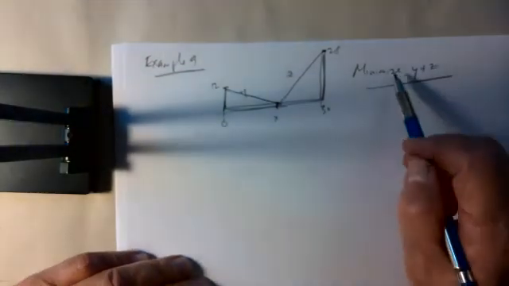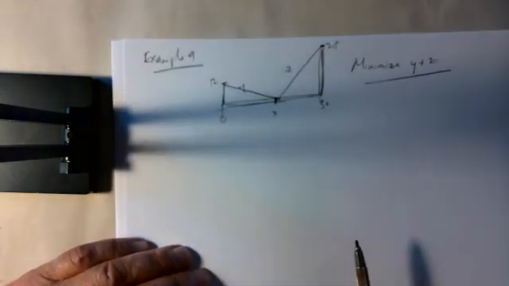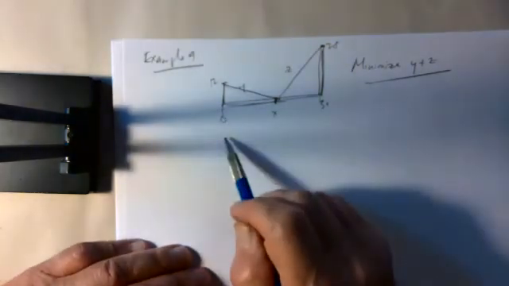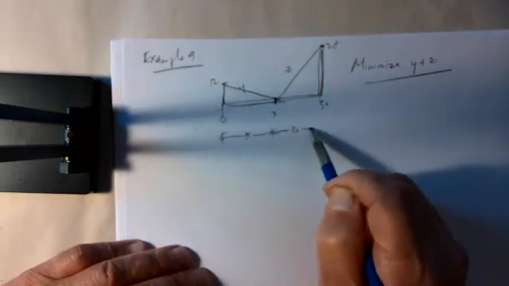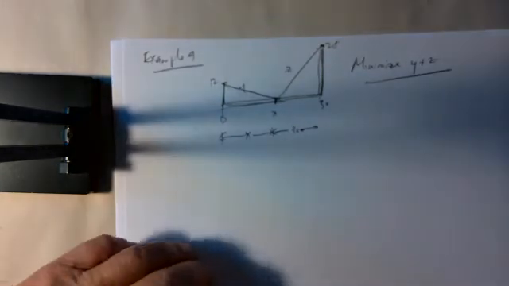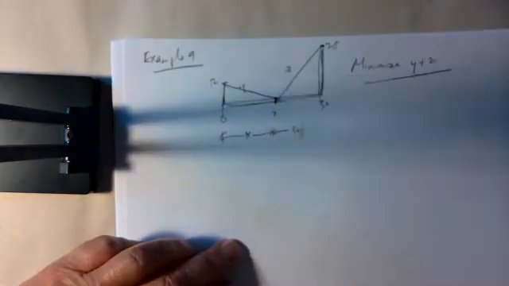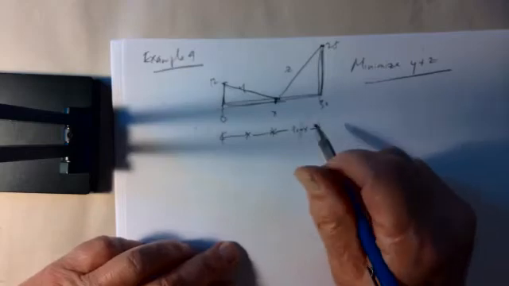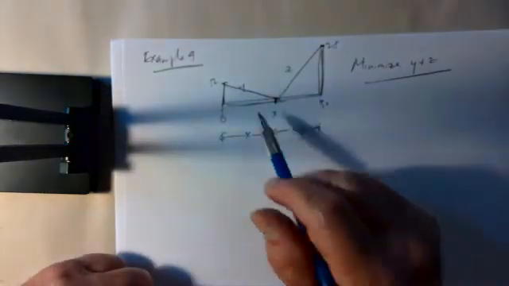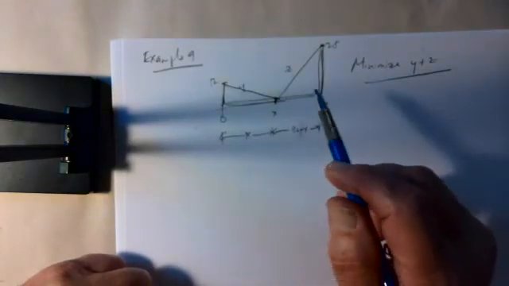So how do we do that? Of course, this distance is x, and this distance is 30 minus x. And we can find y and z just from the Pythagorean theorem.